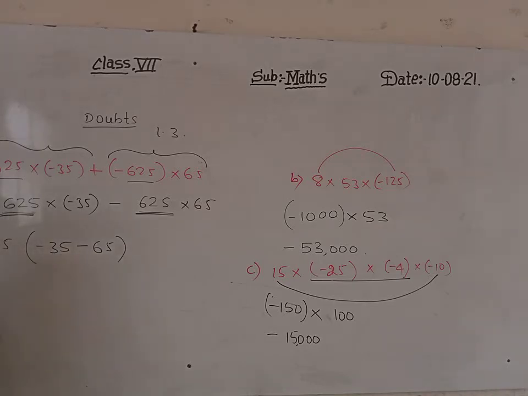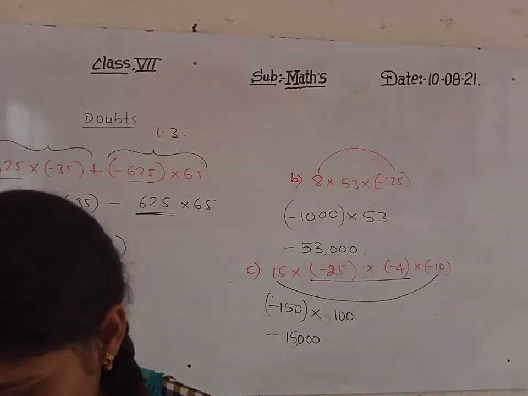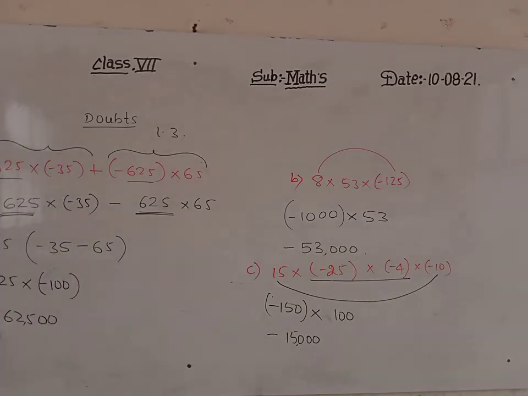Both are negative integers here. You have to add these two numbers and keep the result negative. 625 keep as it is, minus 35 minus 65 is minus 100. Now we can easily get the product. Tell me, 625 into 100, plus into minus, minus. Clear? So your answer is minus 62,500.